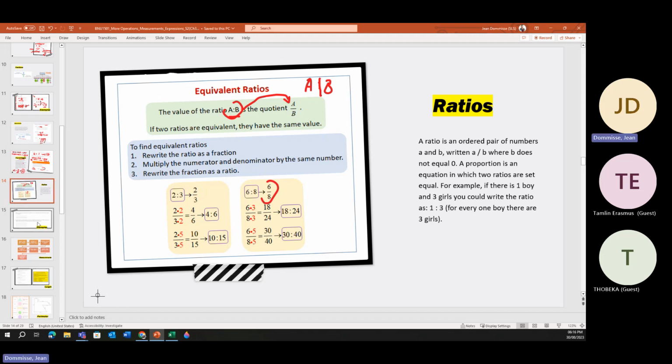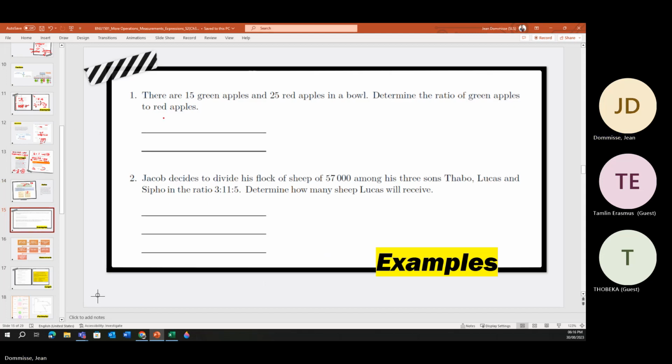So let's look at examples of that, and how they love to ask these things, especially ratios and percentages. They like to ask word sums.